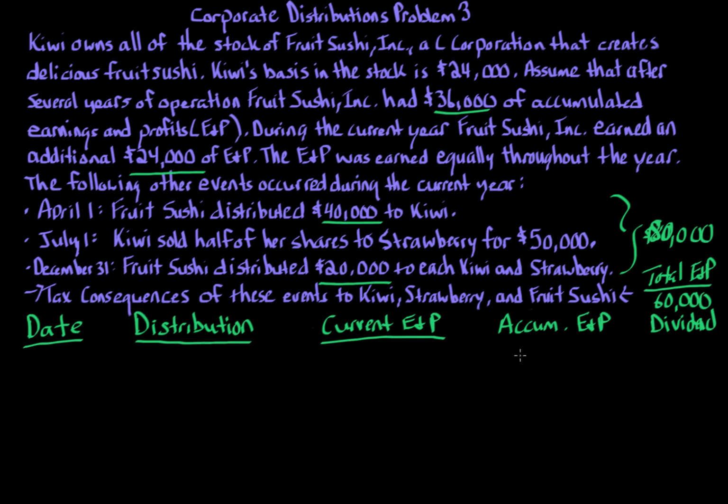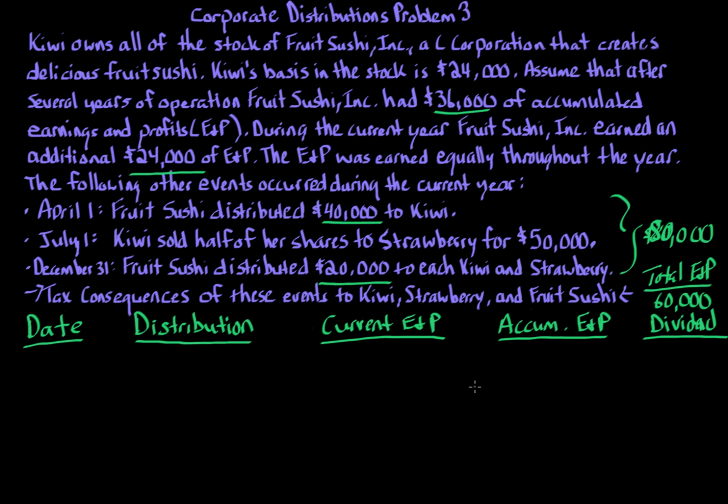Okay. And we can break it down by each owner as well. This is basically, we're within step 3, again, determining tax consequences as shareholder, and we're looking at sub-step 2, E&P, and sub-step 3.